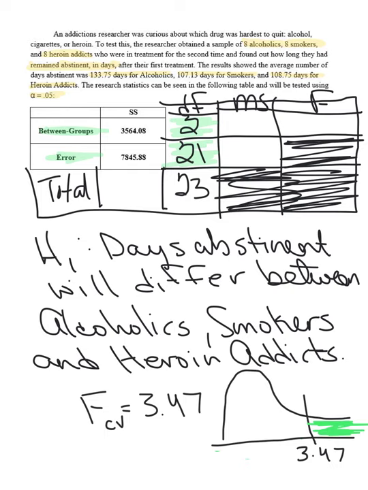Our critical value was 3.47. Well, 4.76 is right here, or 4.77 really. So it is significant. So back here, we have our 4.77 falls within that critical region. So we are significant since our critical value is 3.47.